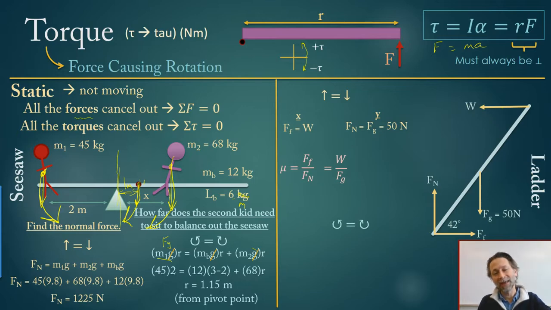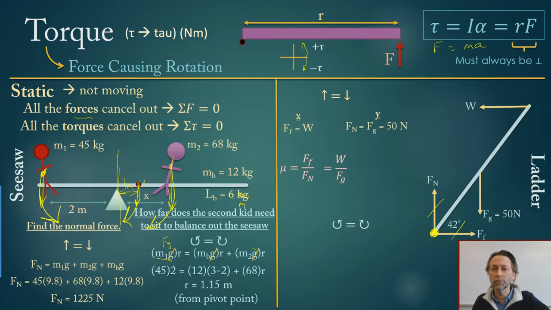So now I'm going to say, hey, all of the counterclockwise torques have to equal all of the clockwise torques, and that means I have to start looking at these in a different way. So how about we make this our pivot point, because then it will cancel those two forces out, because the radius there will be 0, which means I only have two forces to look at now, the wall and the force of gravity.